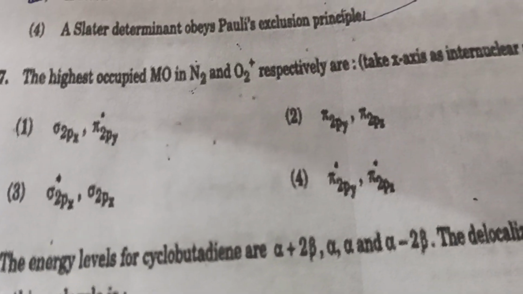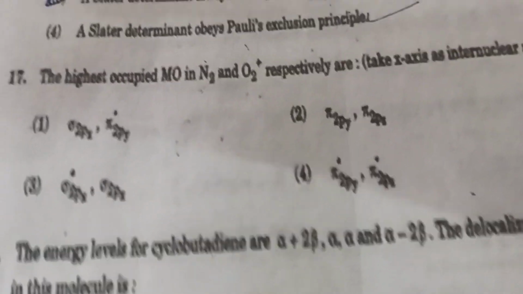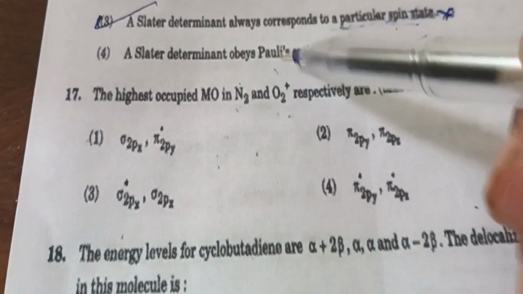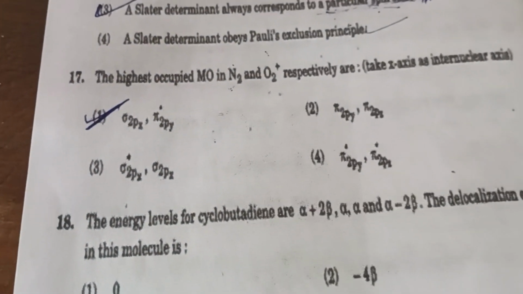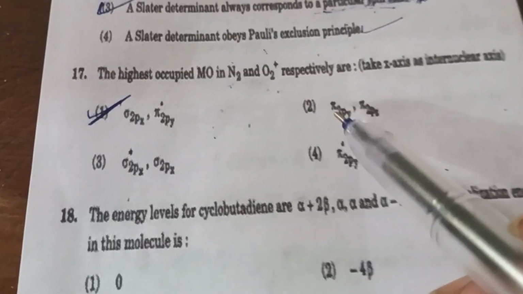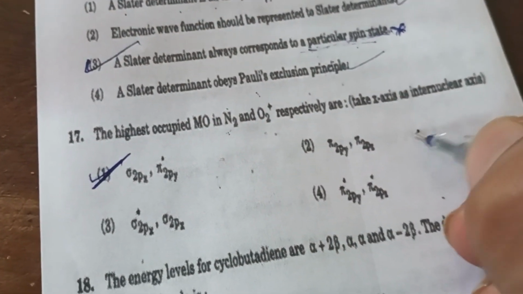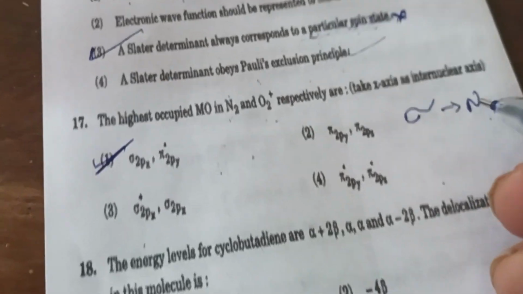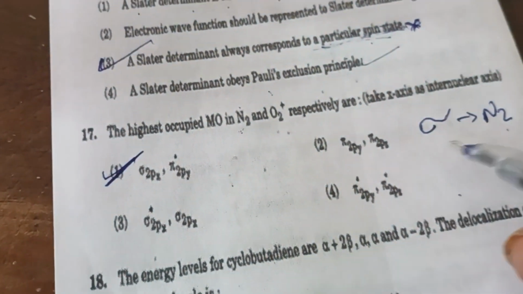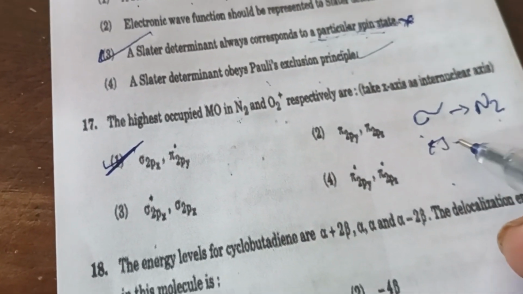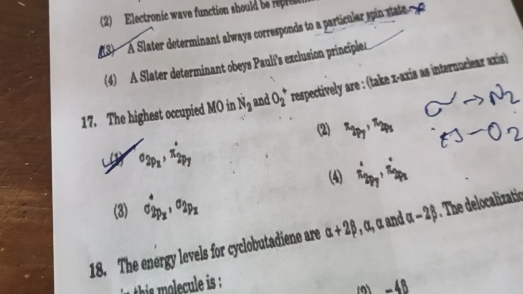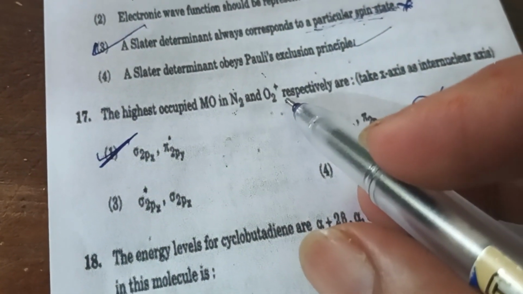So this will be the correct option for N2 and O2. For this question, always remember that for N2 sigma will be the highest state, and for O2 pi star will be the highest state. Here they are representing O2 plus.